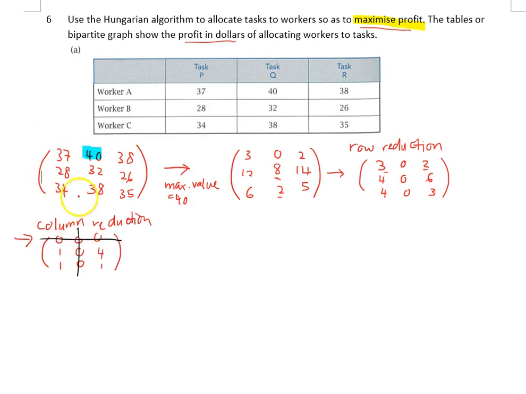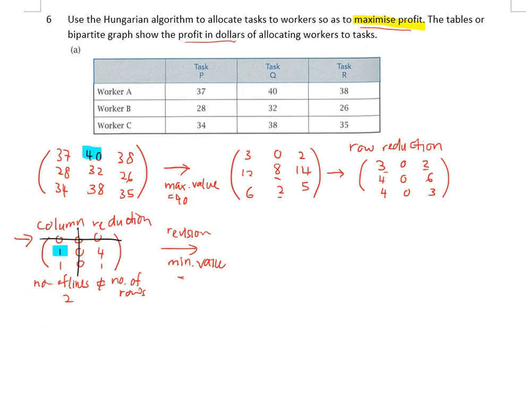So what does this mean? It means the number of lines over here is 2, which doesn't match the number of rows or columns. If it doesn't match, that means we need to do the revision step. The first step of the revision is to find the minimum value in the uncovered elements, which is 1.